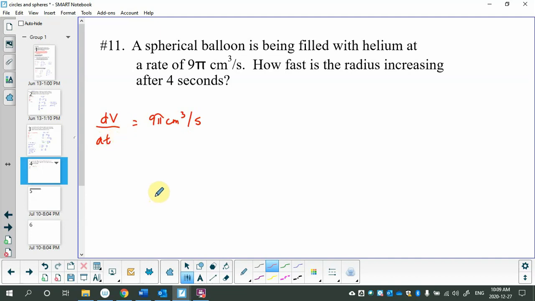How fast is the radius increasing? So dr by dt is the question mark, and the time is equal to 4 seconds. Not that that helps me with much yet, but I'll have to build it in like we did with that first question.